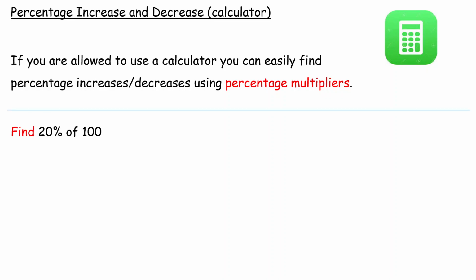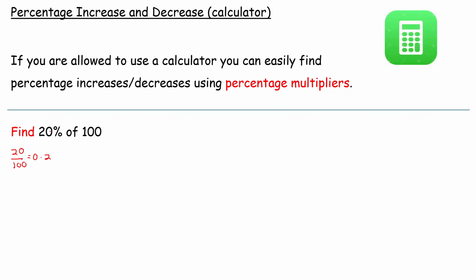Well, let's say I want to find 20% of 100, okay? If I write 20% as a decimal, I can then just go and times that by 100 to get my answer. So 20% as a decimal, well, 20% literally means 20 per 100. So 20 over 100 is equal to 0.2.